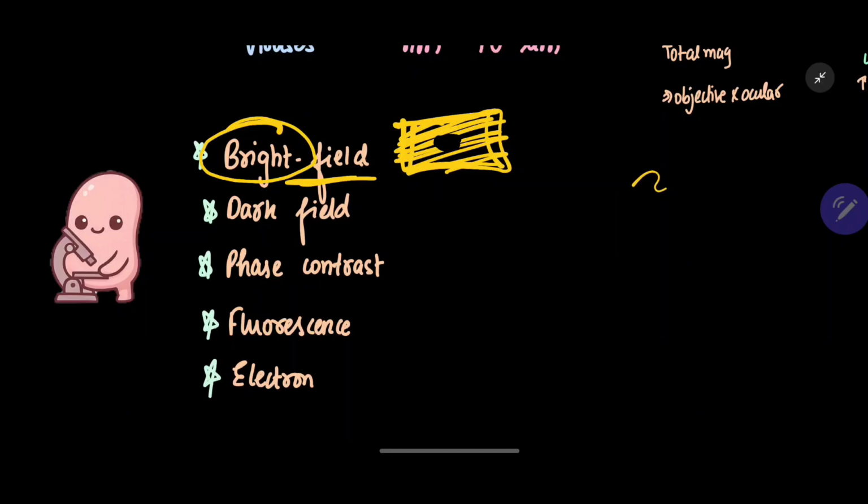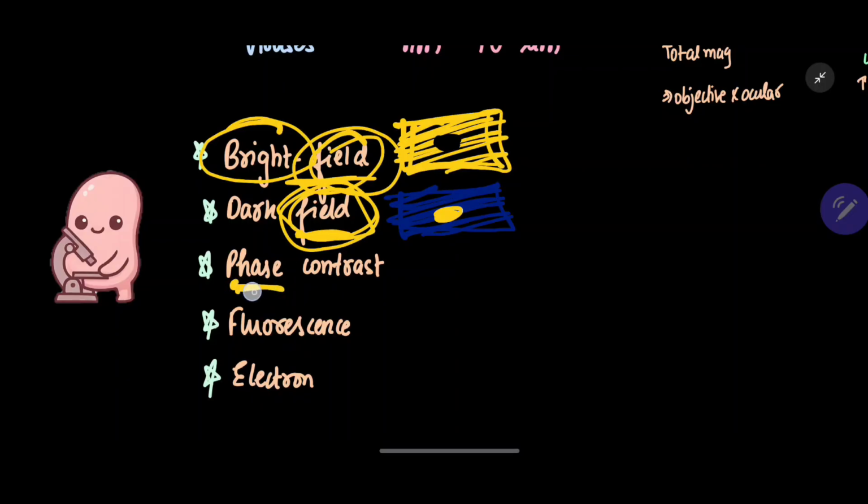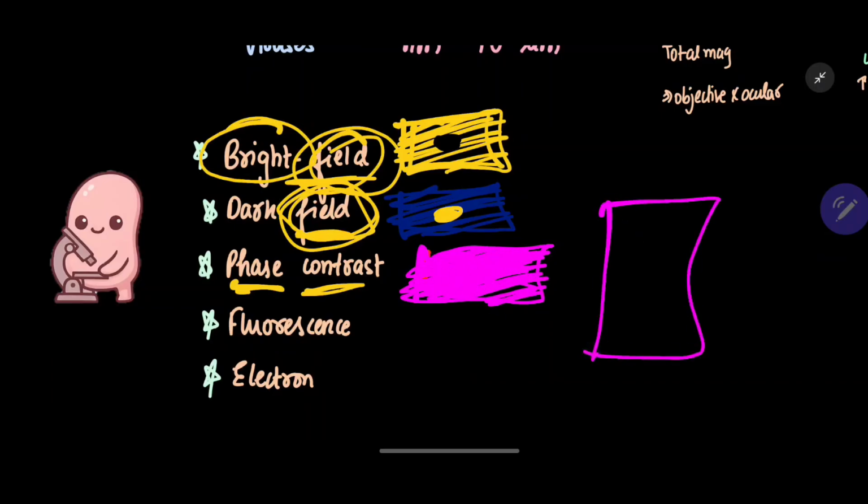Whereas your dark field microscope means that the background is dark, whereas the organism that you're looking at is bright. So look at this word, the field. In phase contrast, that means there is some contrast. What is contrast? Let us say we have a black background. Against a black background you're able to look at white very easily.